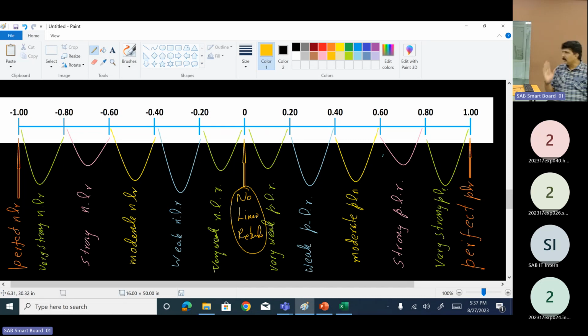So how do the values go here? Zero separately. 0.01 to 0.19, 0.2 to 0.39, 0.4 to 0.59, 0.6 to 0.79, 0.8 to 0.99, and one separately.